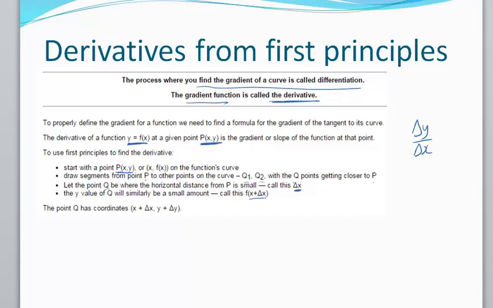Here, because we're not looking at delta y, we're looking at our function of x plus delta x. We're adding that small amount in, and our change in x is delta x. So our point Q has coordinates x plus the change in x, delta x, and y plus the change in y, delta y.